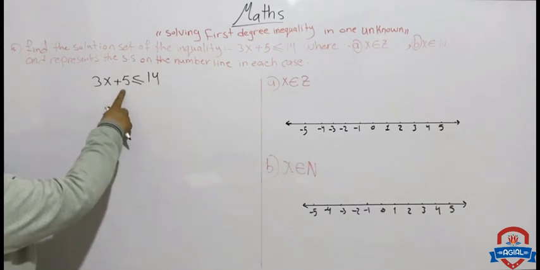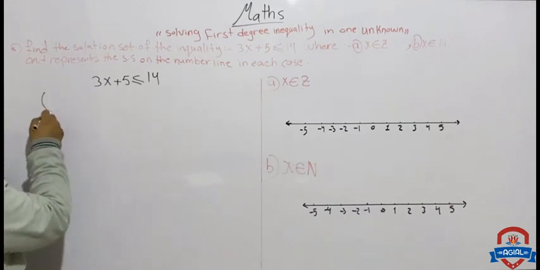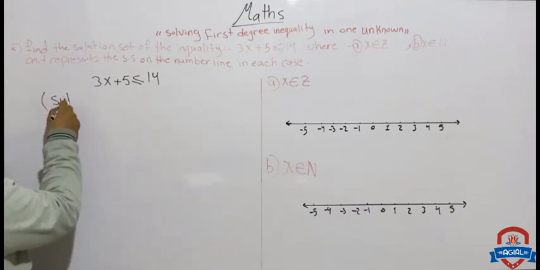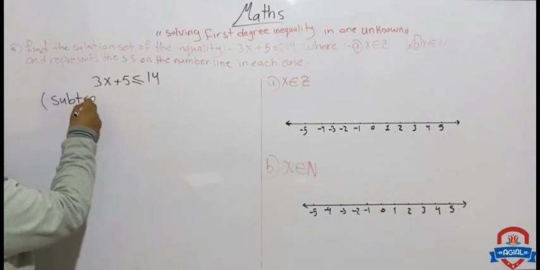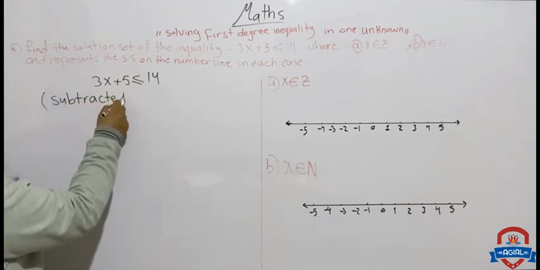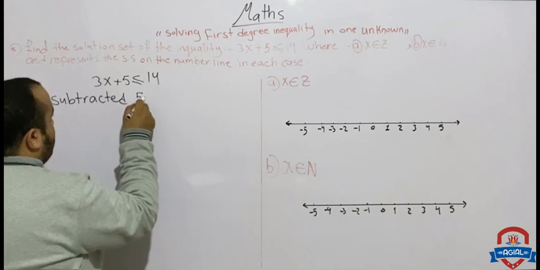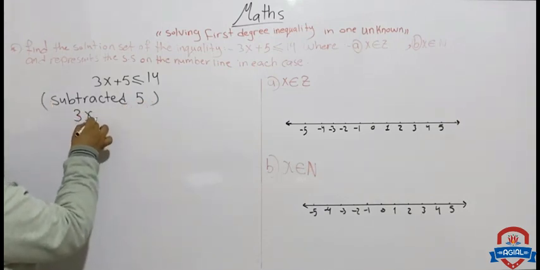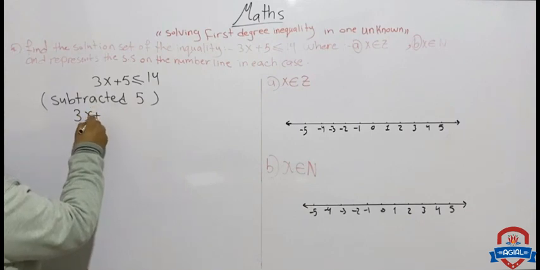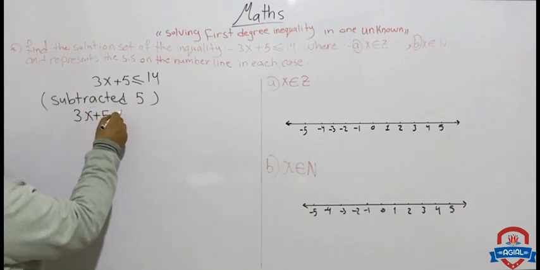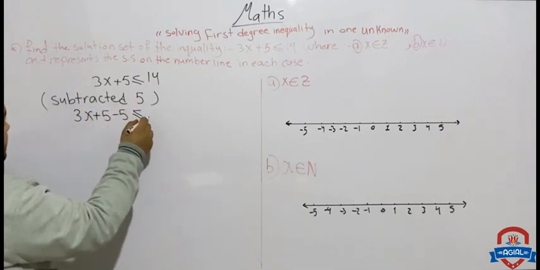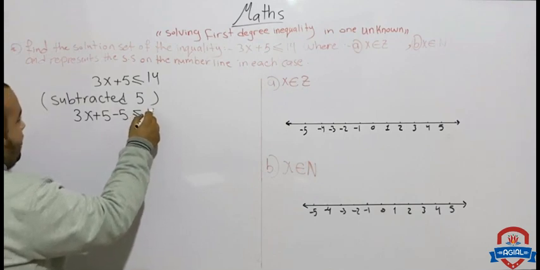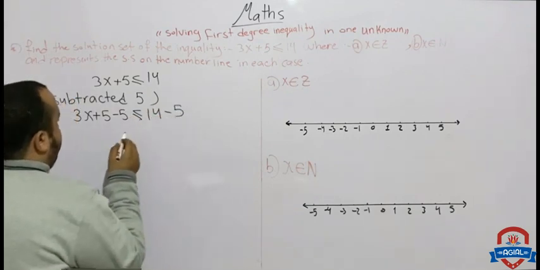So we start with the subtraction. The left hand side equals 3x plus 5 minus 5, and the right hand side equals 14 minus 5.